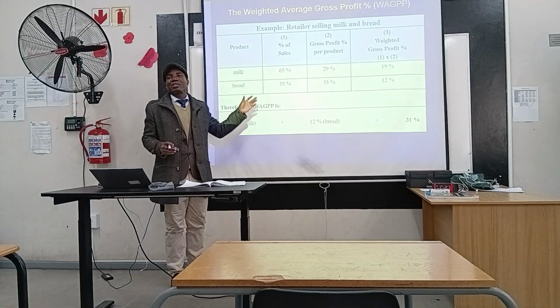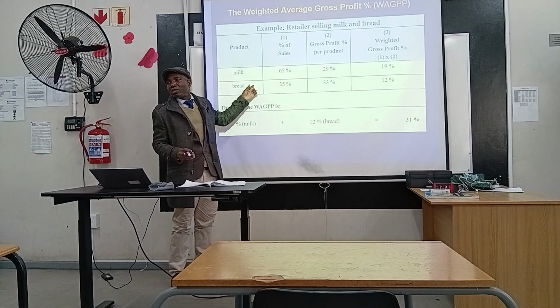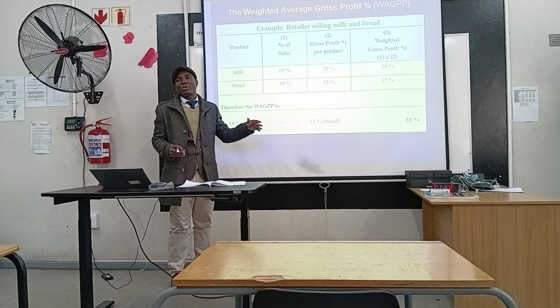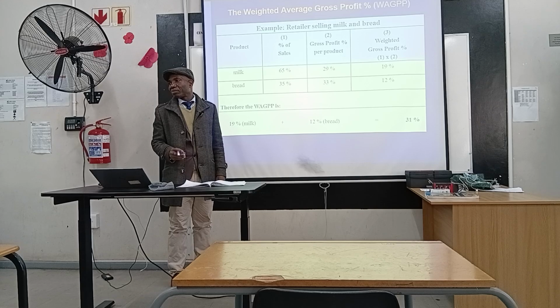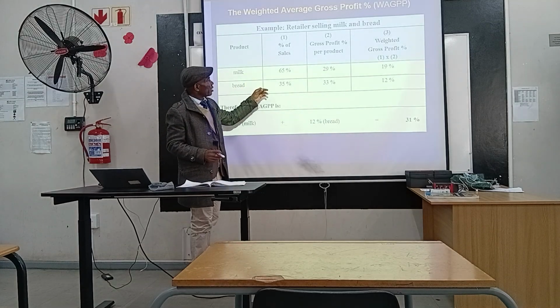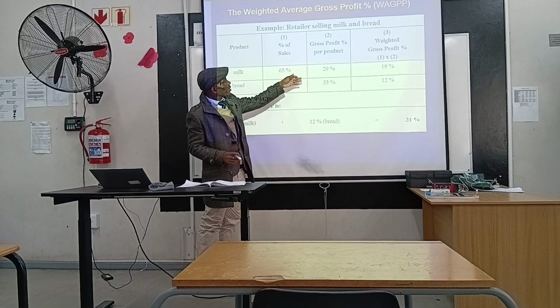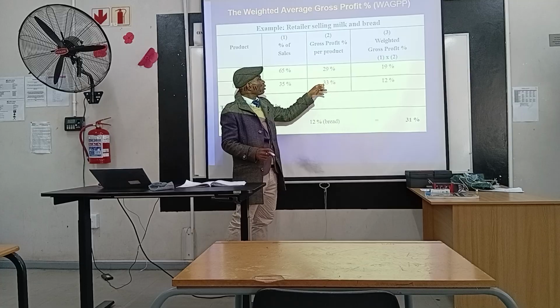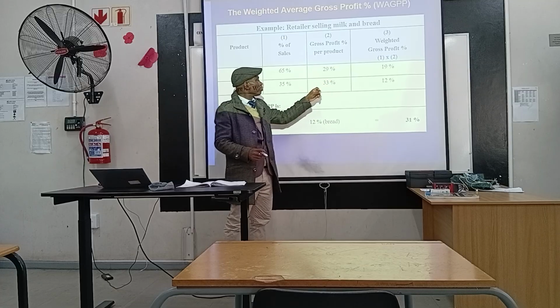Now, do you understand the concept why you need to use this formula rather than using the straightforward one, which is for only one item? For example, when you look at here now, you got different markup. This one has got a markup of 29%. This one has got a markup of 33%.